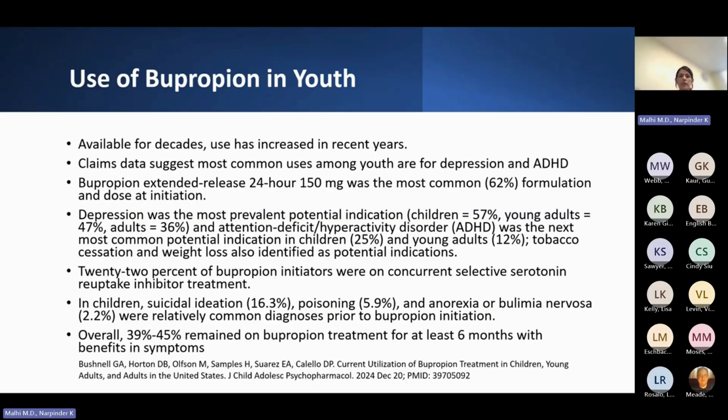Bupropion, also known as Wellbutrin, I'm pretty sure many of you are already aware of this medication. It's commonly utilized in the adult population as an augmenting agent for depression and also for ADHD.